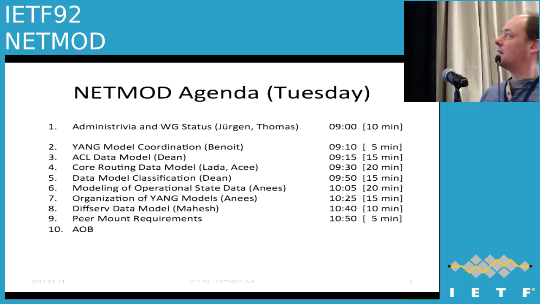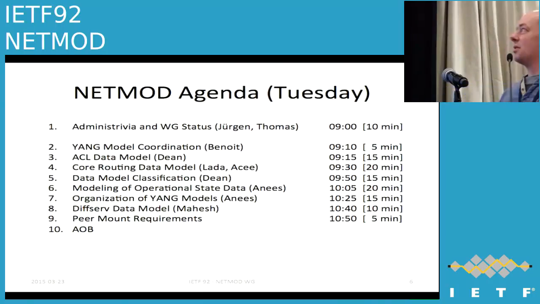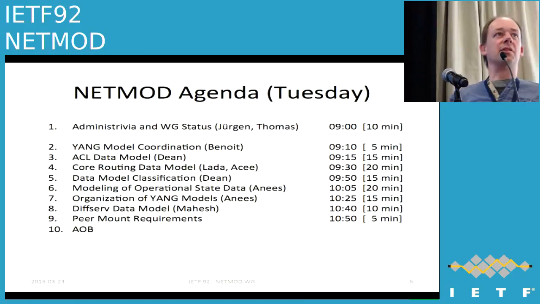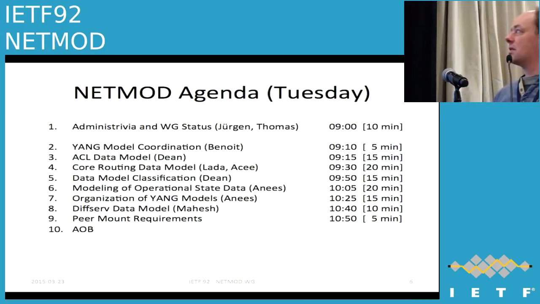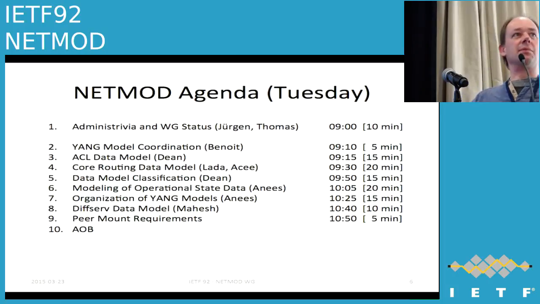Benoit wants to say something about what's happening in the IETF in order to control the many data models that are currently being submitted. We talk about the ACL data model and the core routing data model, which are working group items, and then data model classification and the modeling of operational state, an individual submission, the organization of Yang modules, an individual submission, the diffserv data model, and the peer bound requirements and any other business on the data modeling front.